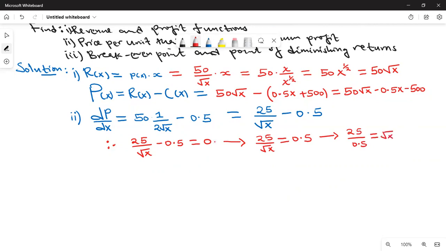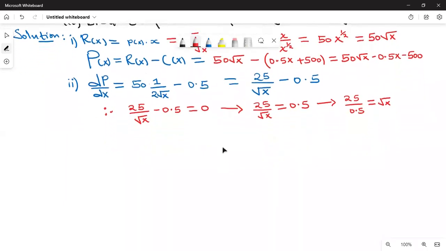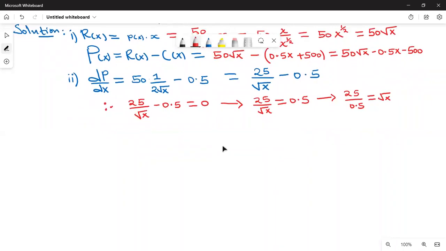0.5 is the same as 1 over 2. So you can now find x from there. So 25 over 0.5 is 50, because 0.5 is 1 over 2.